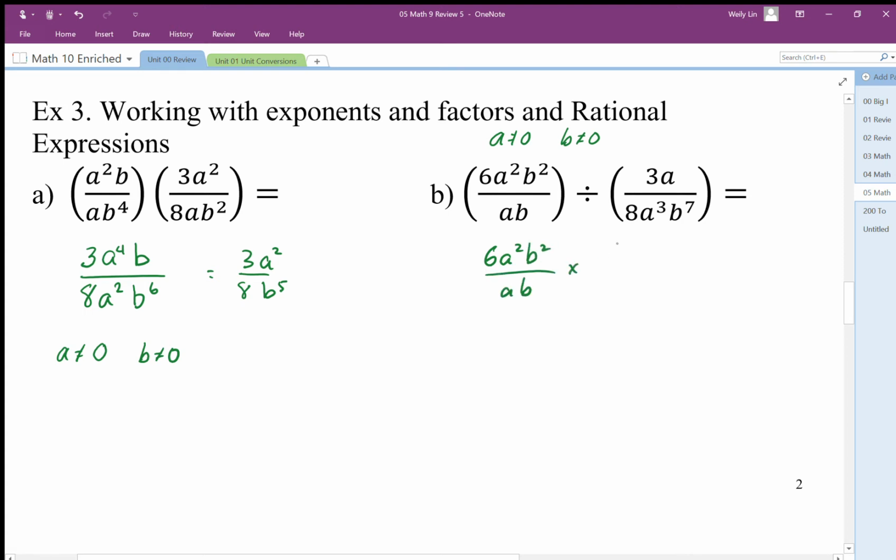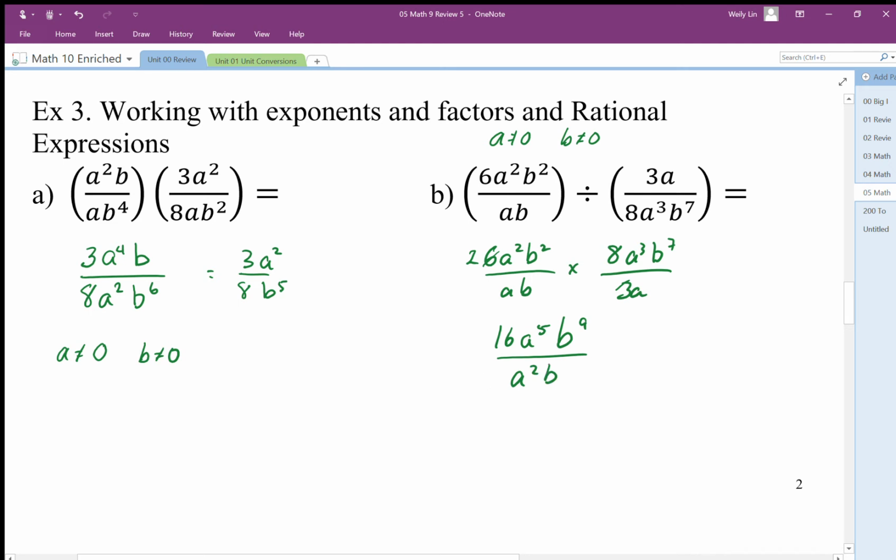Okay, so I'm going to have 8a cubed b^7, 3a, and then just combine everything together here. So I'm going to make, well, before I do that, I'm just going to simplify this because this is going to be easy to simplify. So I end up with 16 a^5 b^9 over a squared b.